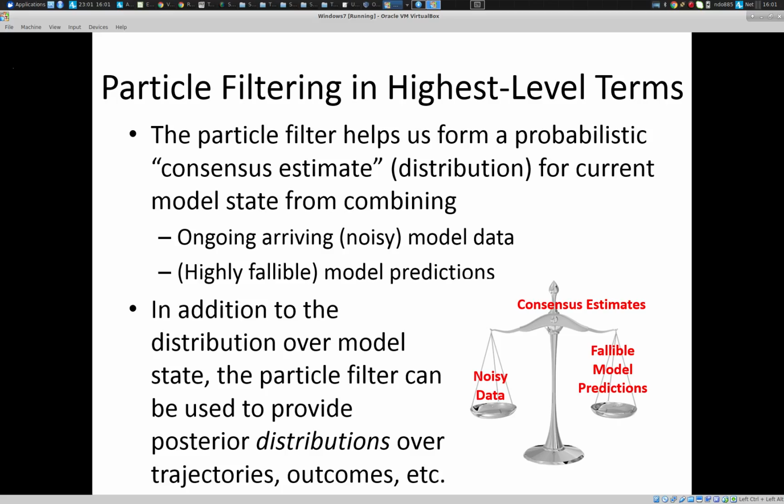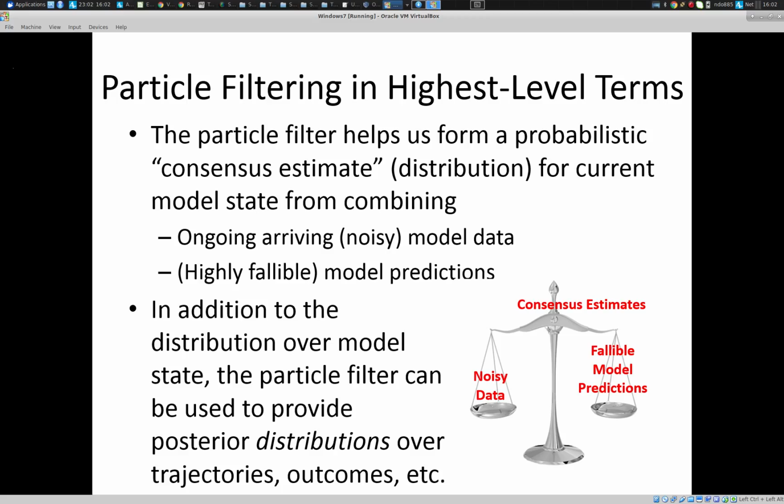So in the highest level terms, and I'm going to keep this presentation at a very high level because of the limitations in time and the diversity of audience understanding, particle filtering balances between confidence in a model's predictions on the one hand, recognizing that model's predictions are fallible, and data, recognizing that data is noisy and fallible as well.